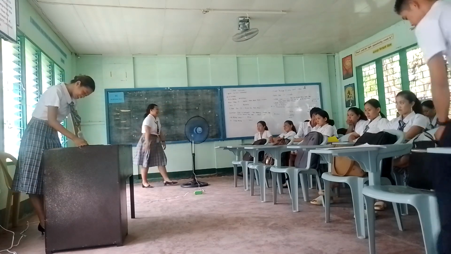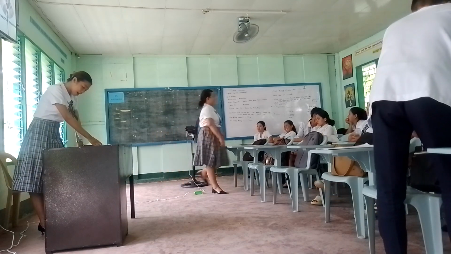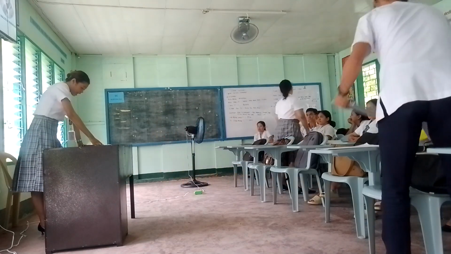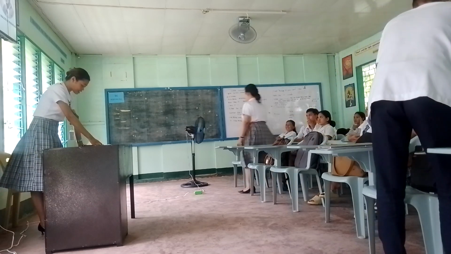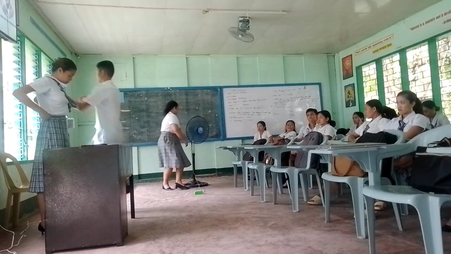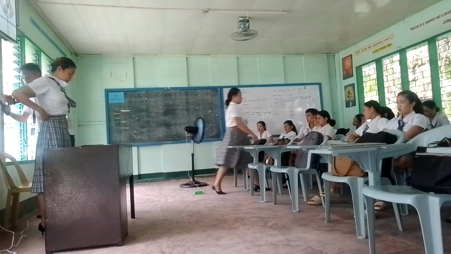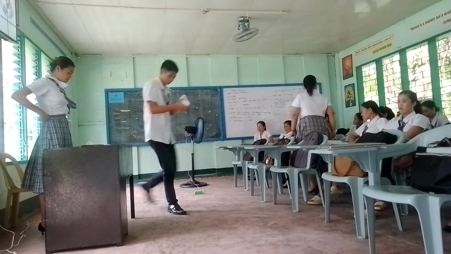Next. According to Malcolm Knowles, in simpler terms, people, especially adult learners, tend to learn better when the material is presented in a way that relates to their everyday experiences or situations they are already acquainted with.